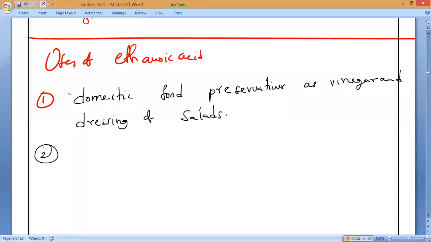Next, manufacturing of Ayurvedic medicines.